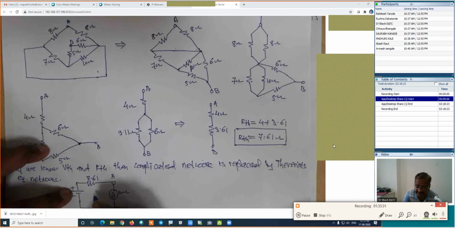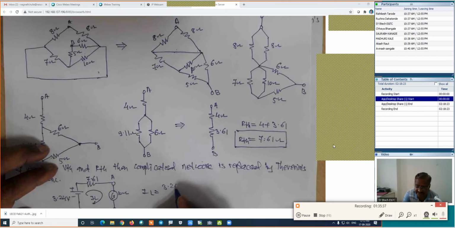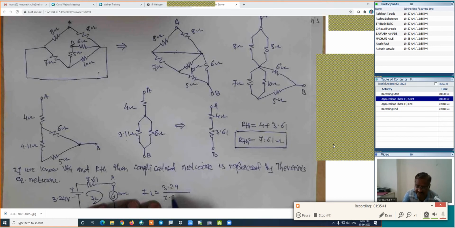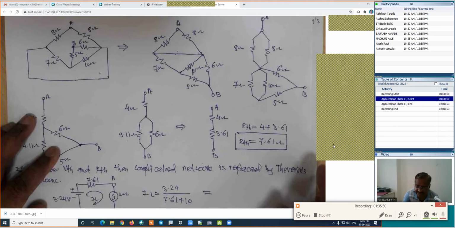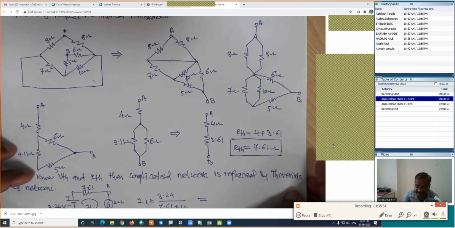And we will find out its load current. Whereas IL is equal to 3.24 divided by 7.61 plus 10. How much is the value? Final load current. Yes, anyone? How much is the final answer?